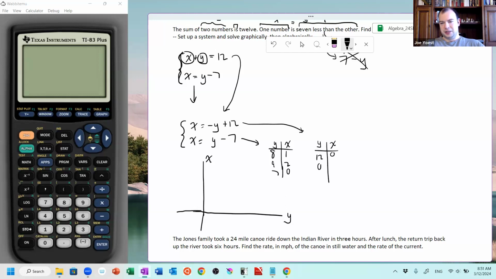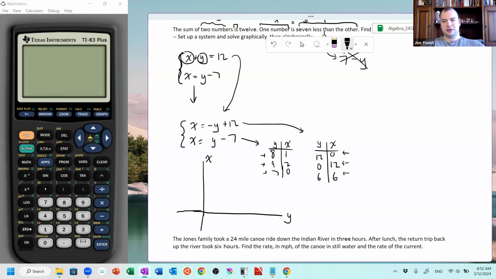When Y is 0, X is 12. And when Y is something like 6, X is 12 minus 6, or also 6. So I could use intercepts and then a third point, or I could use convenient values of one variable and then solve for the other one.